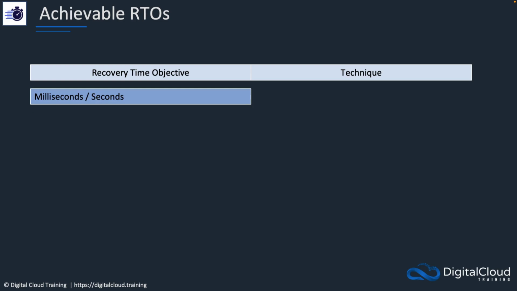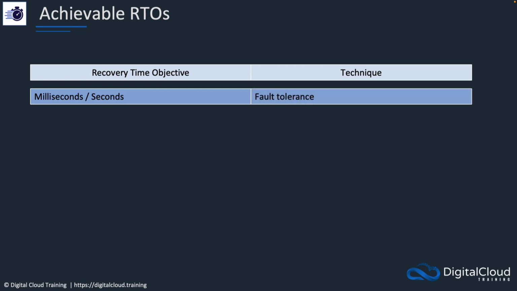So here, if you want milliseconds to seconds, then you need fault tolerance. Now, fault tolerance simply means that if one component fails, it does not cause an outage of the system. So for example, you can have mirrored disks, it's called RAID 1, and with mirrored disks in a server, if one disk fails, the other one continues.